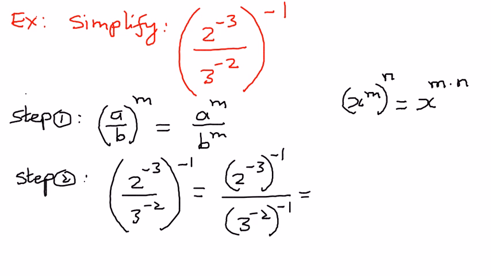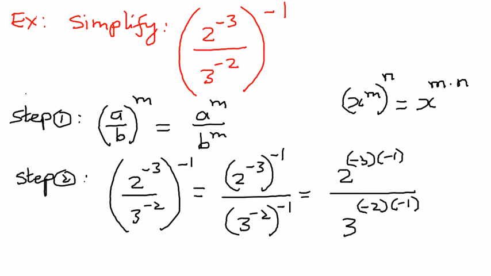We're going to perform the same operation in here, and when we do that, we're going to write the base once and then we're going to multiply the powers, negative 3 times negative 1. And same thing in the denominator. We write the base, we multiply the powers, negative 2 times negative 1.